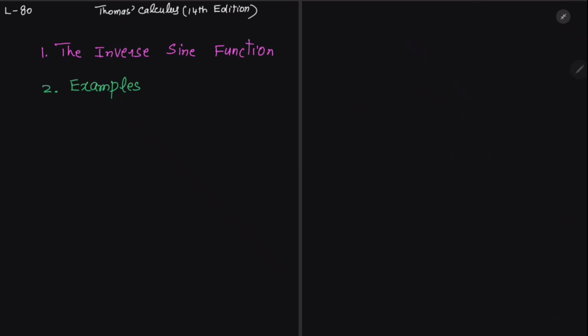First of all, when I sketch y is equal to sine of x, when I plot that function from 0 to 2 pi, so 0, pi by 2, pi, 3 pi by 2, 2 pi.